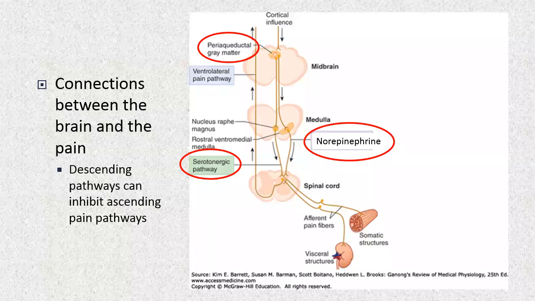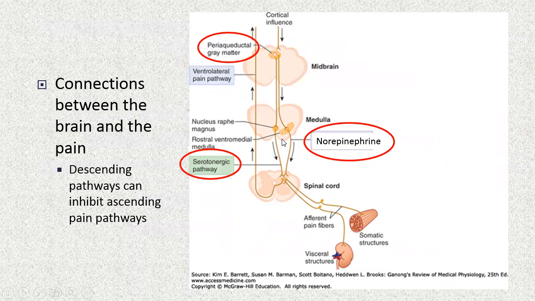We haven't been able to go in depth into all of the circuitry within the spinal cord, but it is a pretty complex neural system in its own right, and there is some level of pain processing within the segmental portions of the spinal cord. But for simplicity, we're gliding over that, and instead we're talking about these descending pathways.